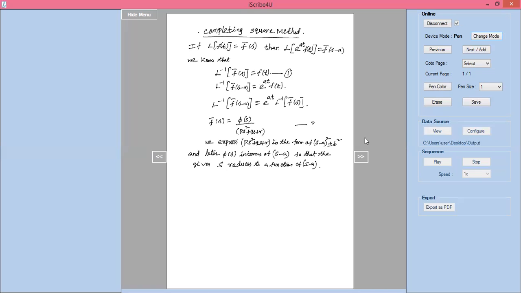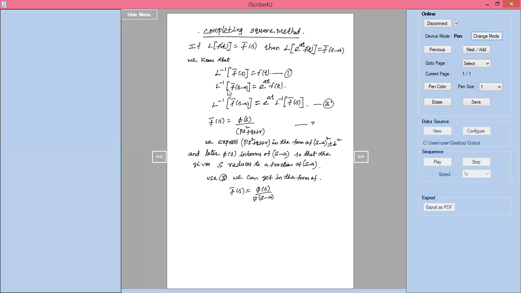Now we can use equation 3 and obtain the result in the form of f bar of s equal to pi of s divided by psi of s minus a. So we express it in this format. I have just explained the procedure, so you will get f bar of s.